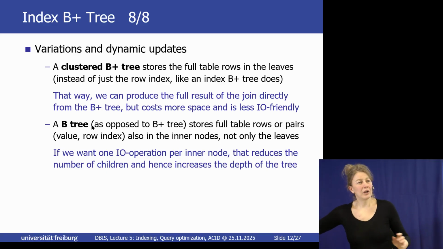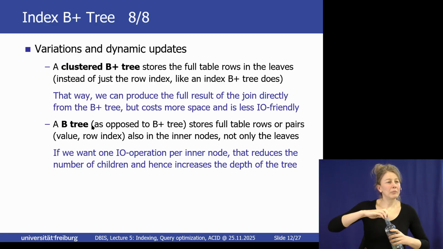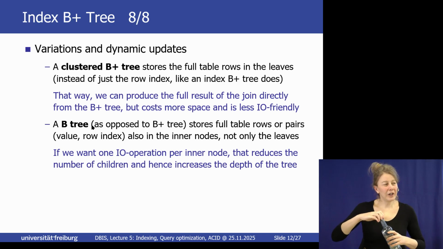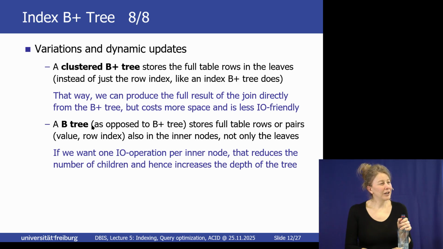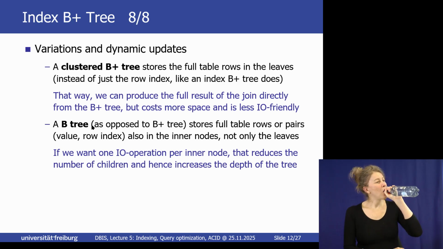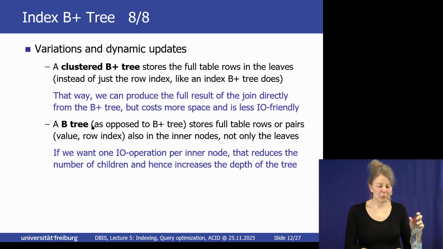Yes? Why it's called a B tree if it's not binary? Why is it called a B tree? Actually, I wanted to look that up, but I had so much to do. Just a guess? Isn't there the A B tree, which always maintains at least A? I don't think so.